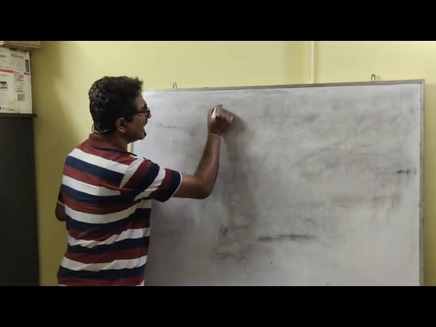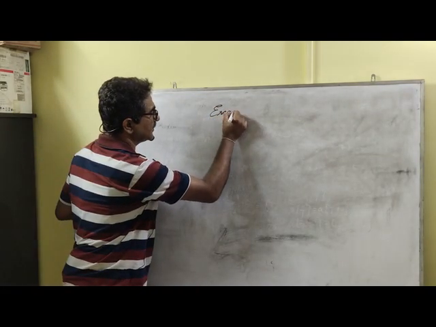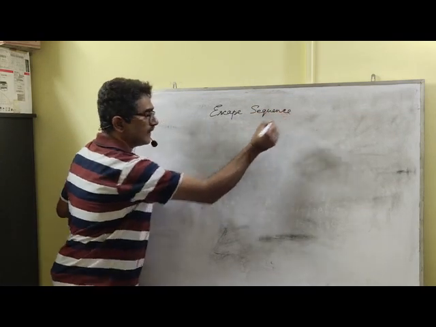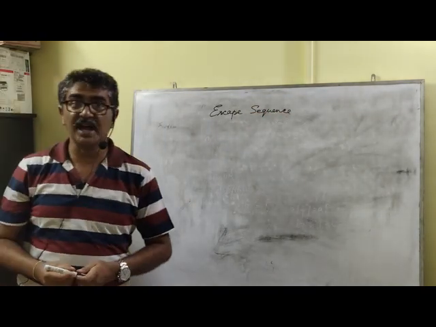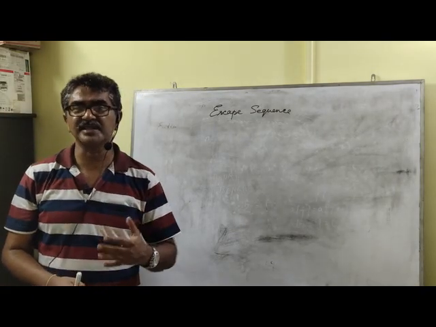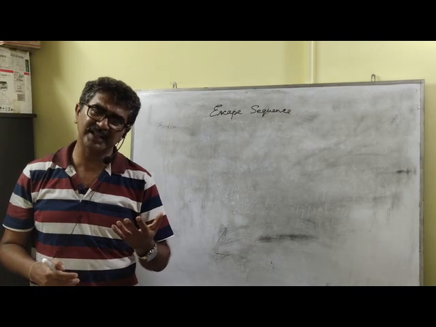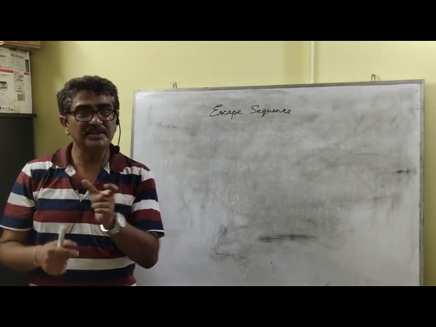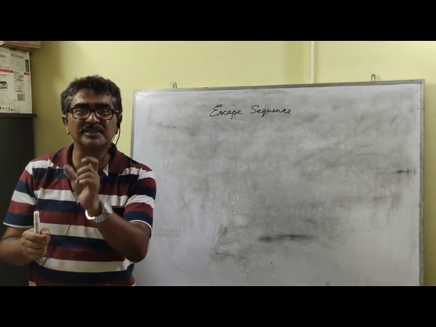There is something called the escape sequence. Escape sequences are non-graphical characters. You have to understand this: non-graphical characters do not get displayed within the print statement when you enclose them within quotes.